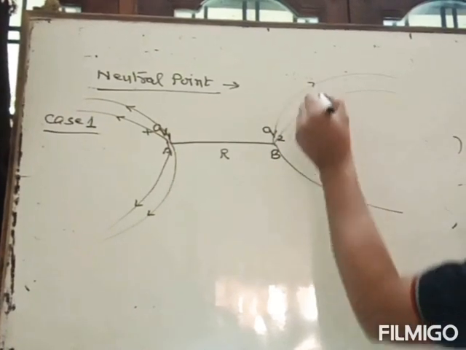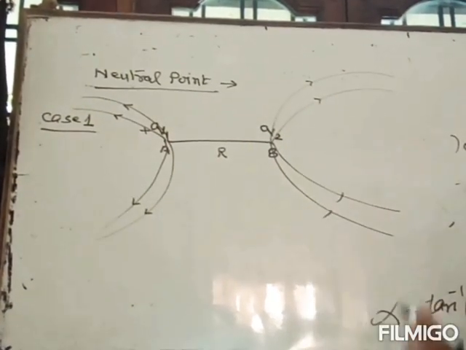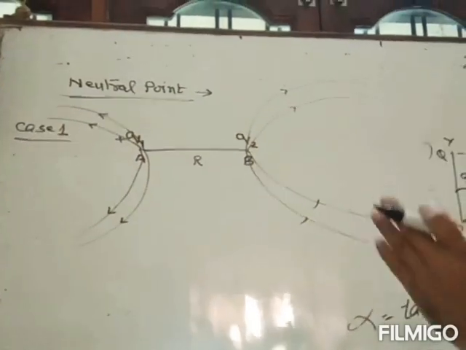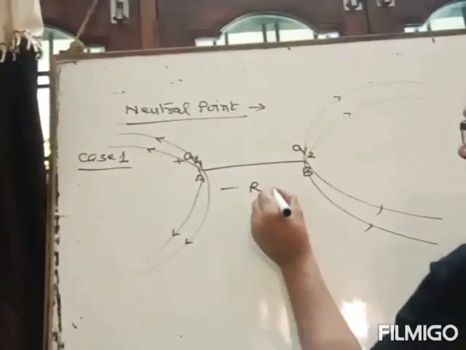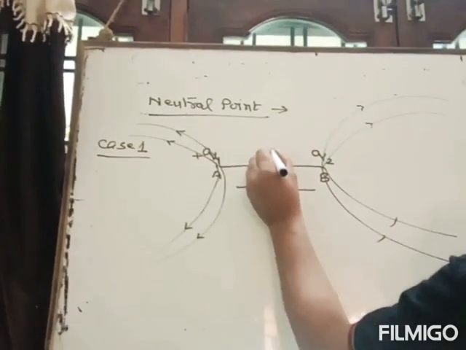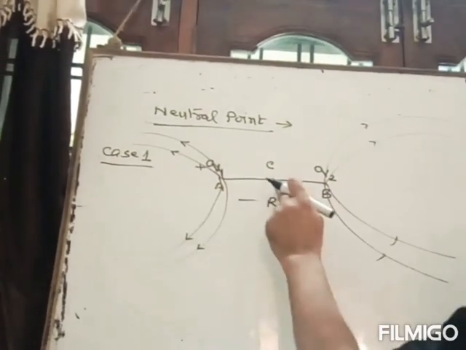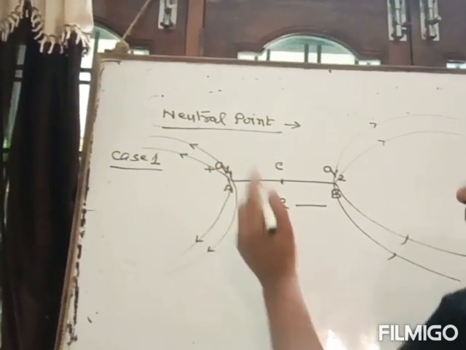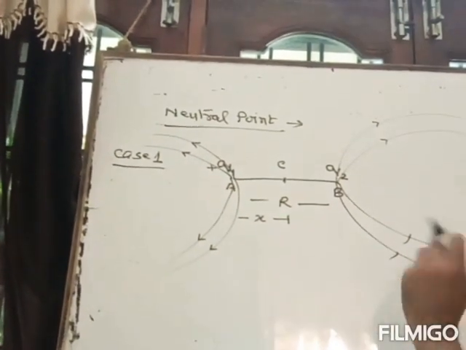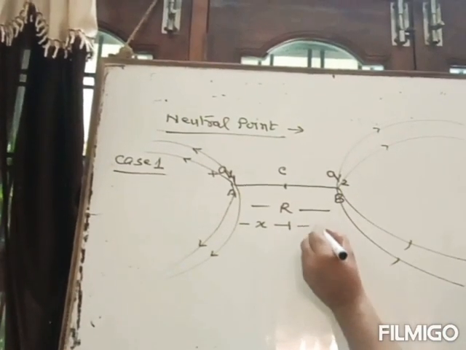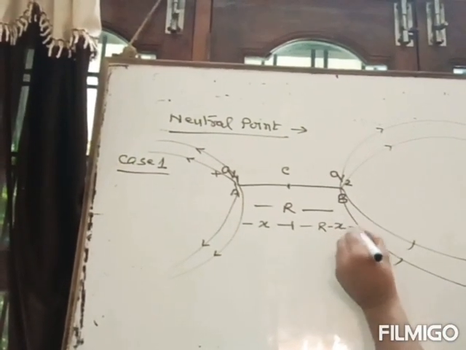It means the neutral point is present in between the charges. Suppose that point is C, and the distance of this point C from Q1, let it be X. Therefore, from B it will be R minus X.